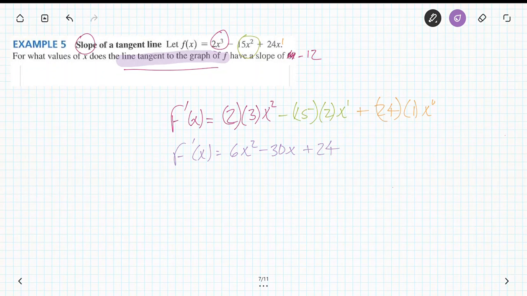Now that I have that, I want to find at what x value my derivative would be negative 12. So I'm going to put negative 12 equals 6x squared minus 30x plus 24.